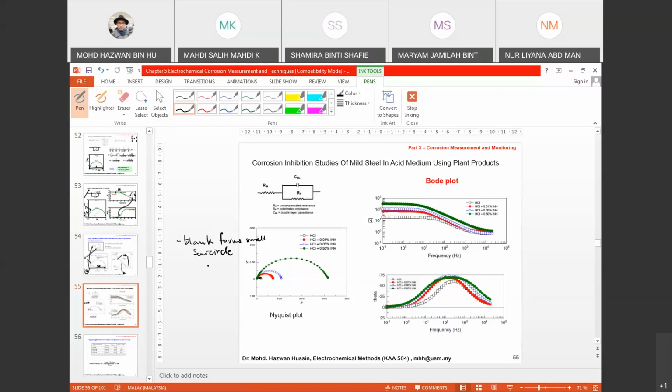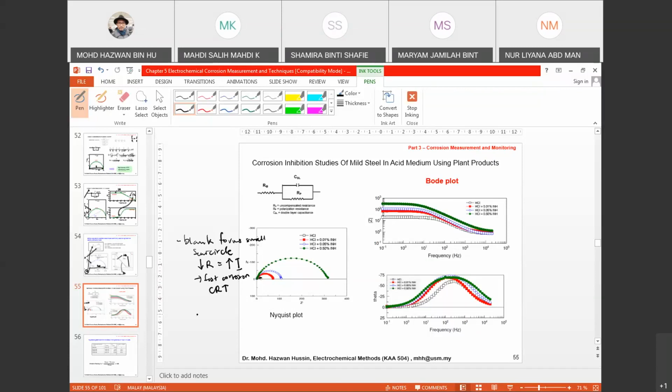So that is why, over here, a small semicircle means that you have a low resistance. Low resistance means that you have a higher current. And when you have a higher current, the corrosion process will be faster, then the corrosion rate will be higher as well.